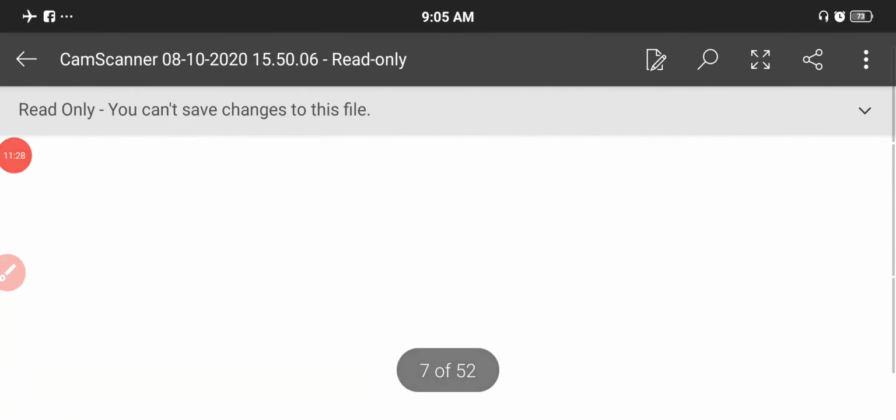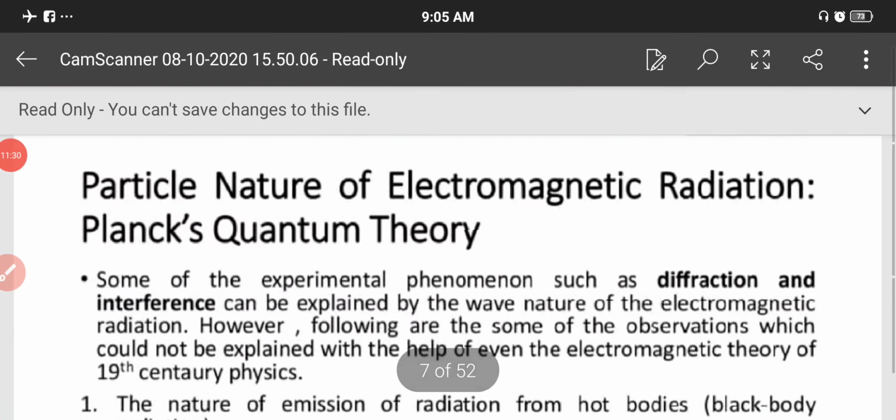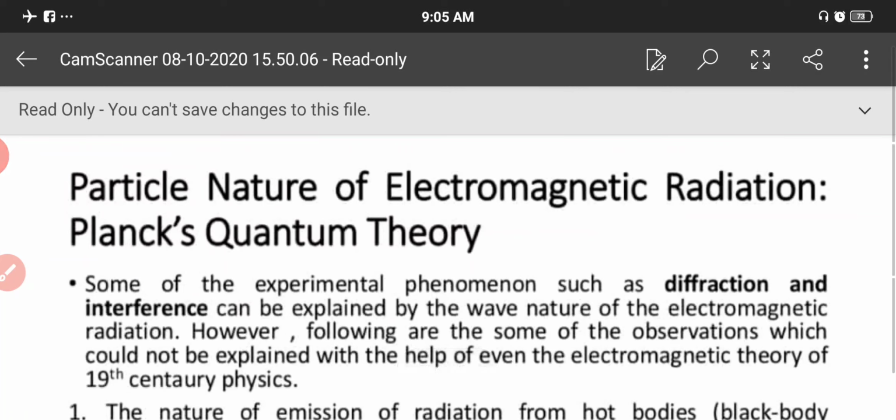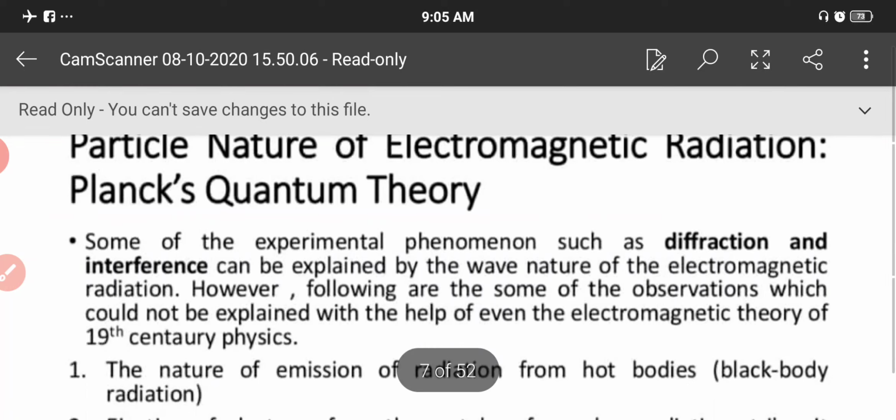Now, particle nature of electromagnetic radiation. We already discussed the wave nature of EMR. Now we discuss the particle nature of EMR. So Planck performed one experiment which is well known as Planck's quantum theory, which explains that EMR has particle nature.